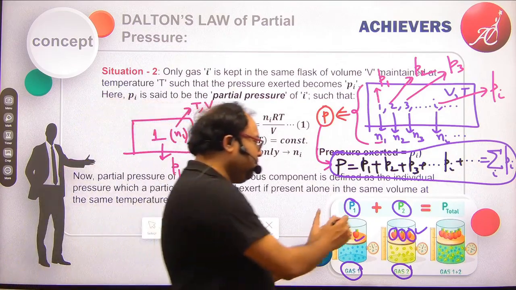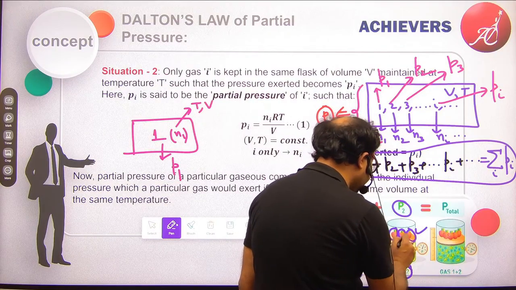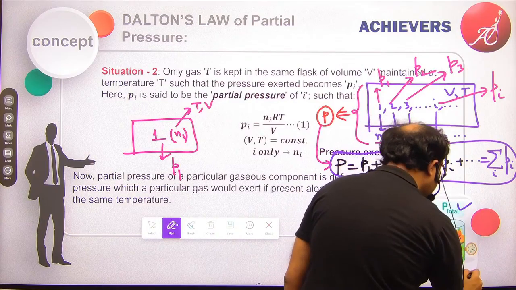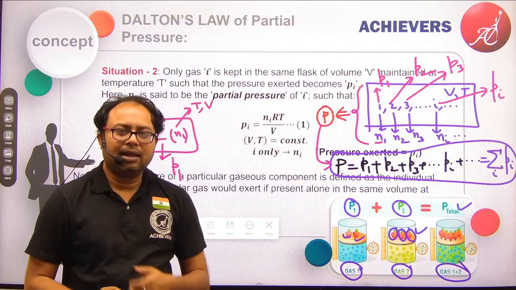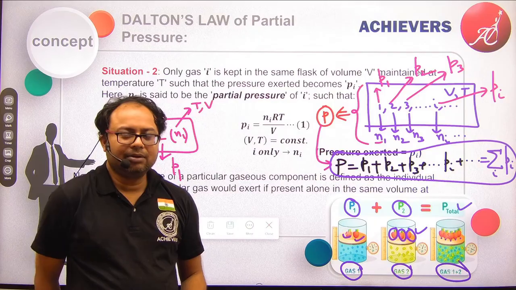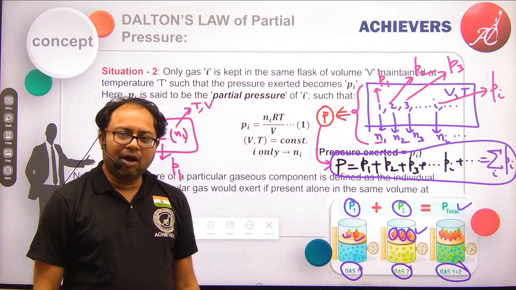The total pressure would be P1 plus P2, then it will contain 5 apples. 1, 2, 3, 4, 5. So this is the total pressure, gas 1 plus gas 2. Understood? I think you all have understood this one.